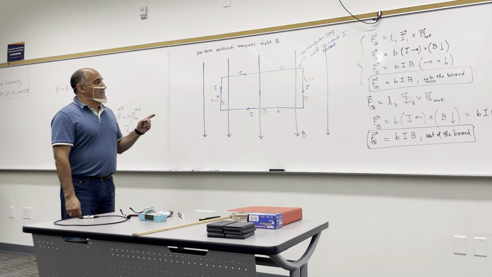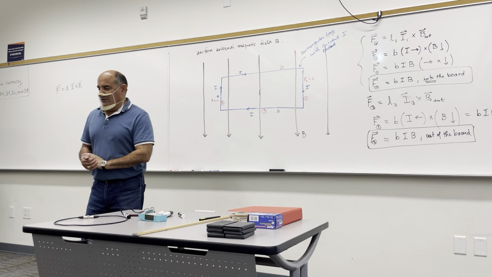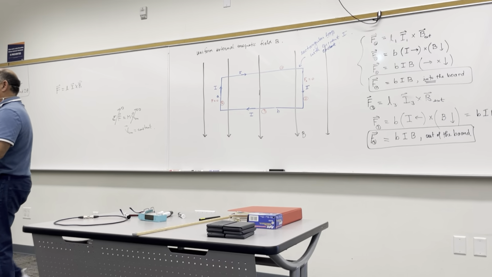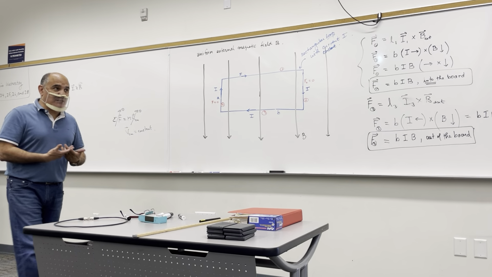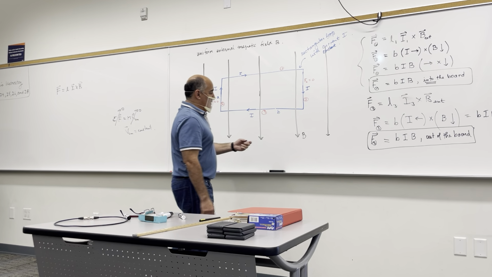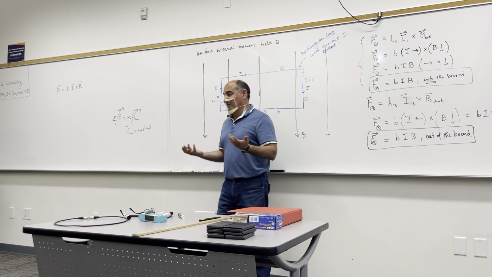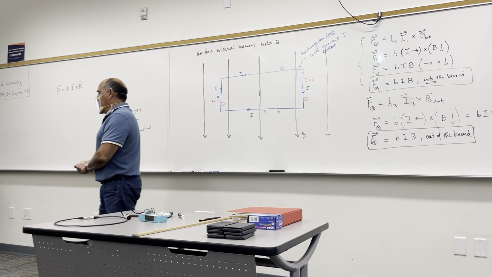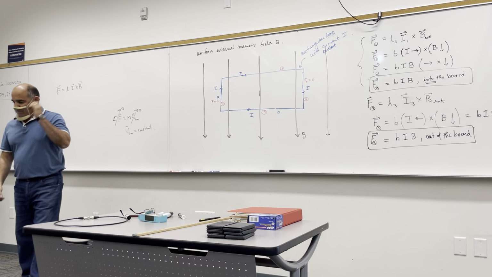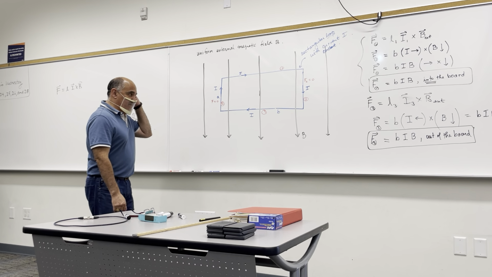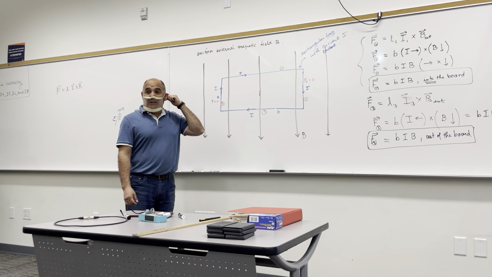So there are a couple of ways. So let's calculate the torque exerted by this magnetic field on this loop. And we can do it in a couple of ways. There's a quick way.